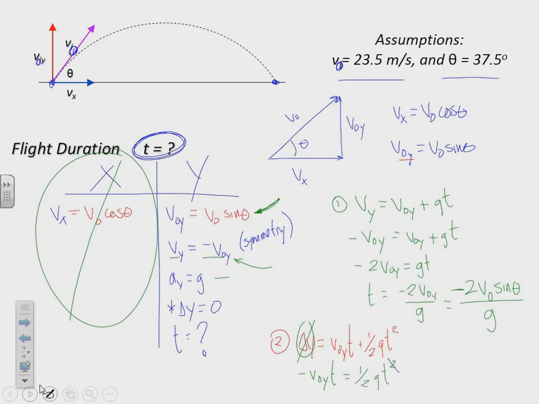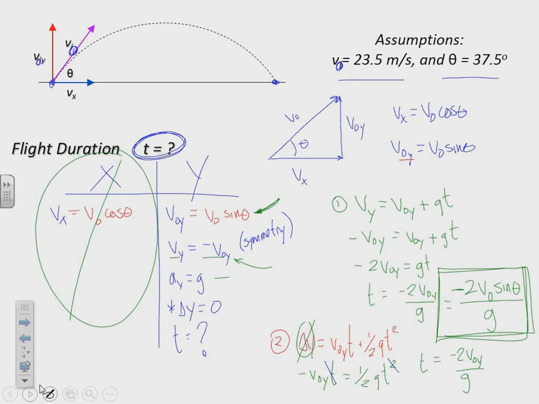Well, divide both sides by a factor of t. And then solve for t. We get t is negative 2 V naught y divided by g. Oh yeah, same thing. So I don't care which one of those ways you use, but this is the expression for time spent in the air.